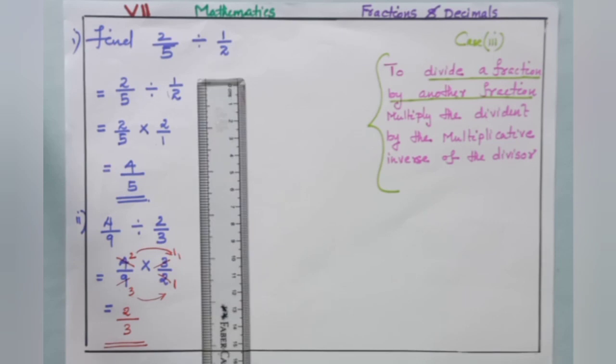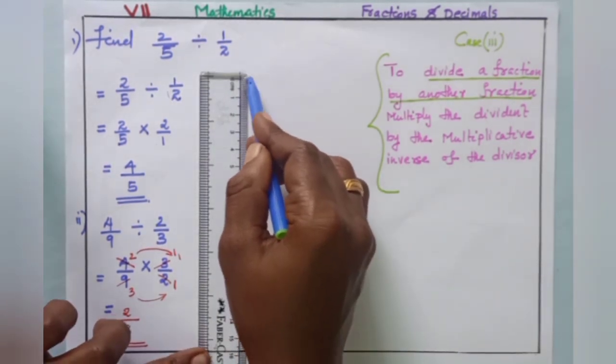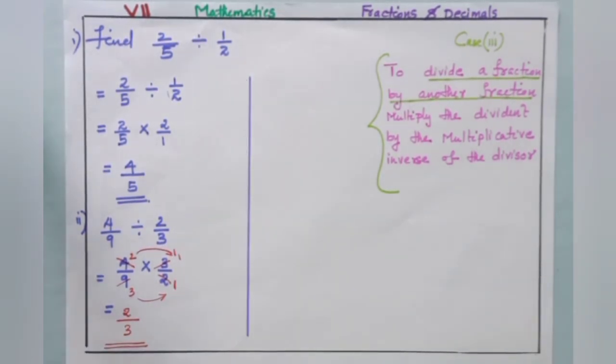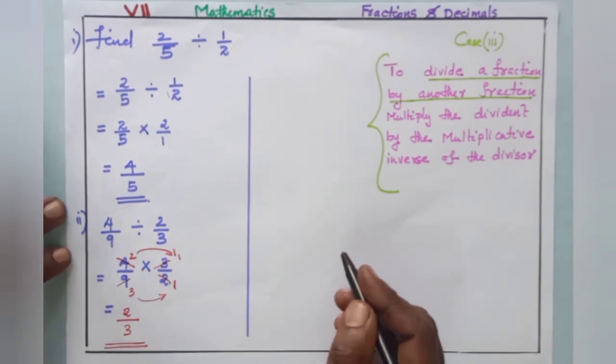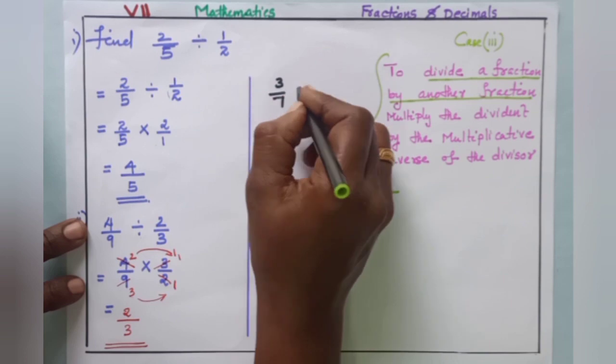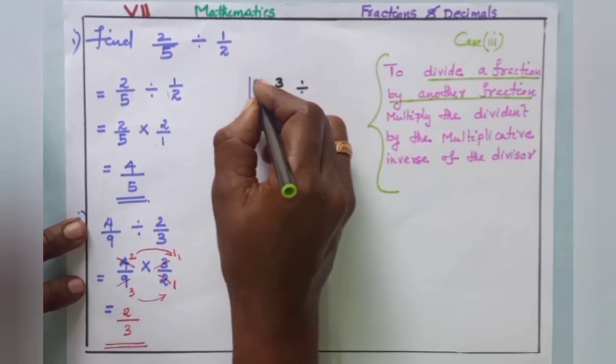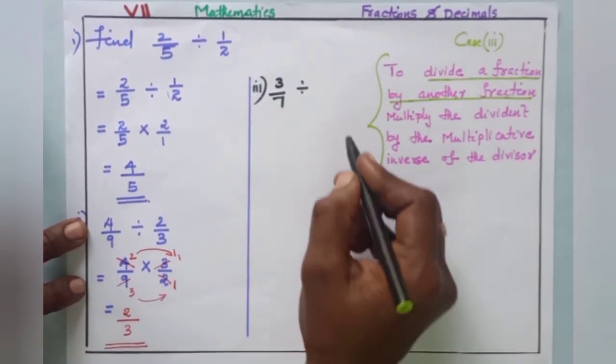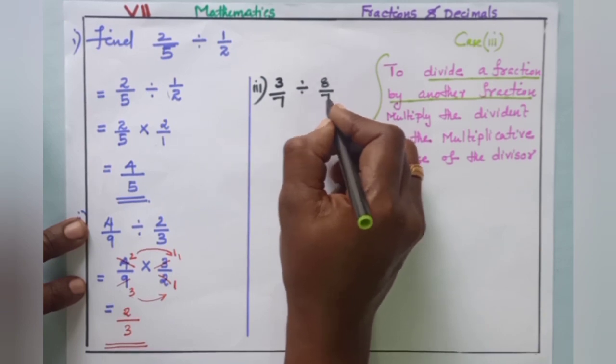Then the next question. 3 by 7 divided by 8 by 7.